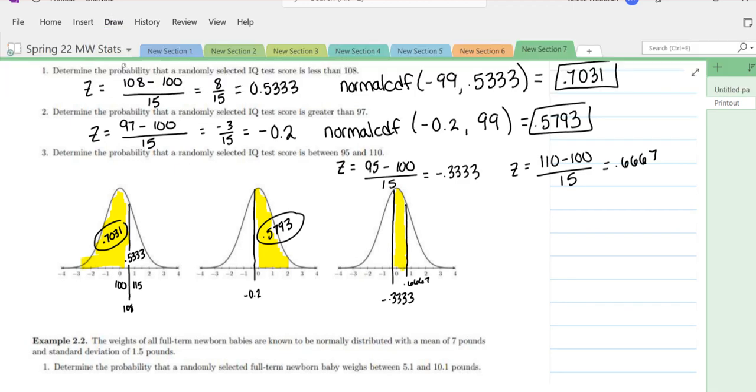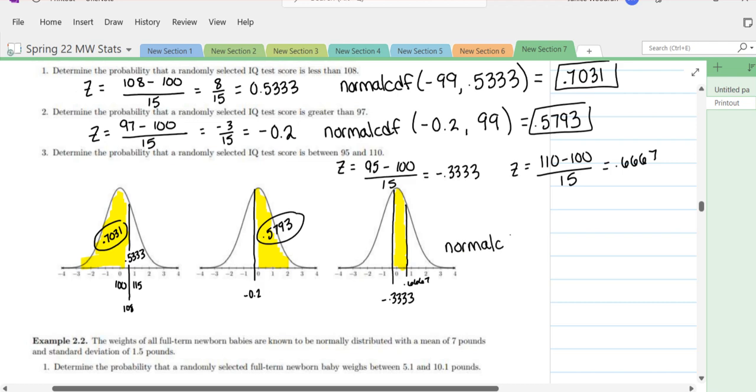If we want to look this up, again, we could look up both of these in the z-table and then subtract. Or go normal CDF. Your lower limit would be negative 0.3333. Your upper limit, 0.6667.